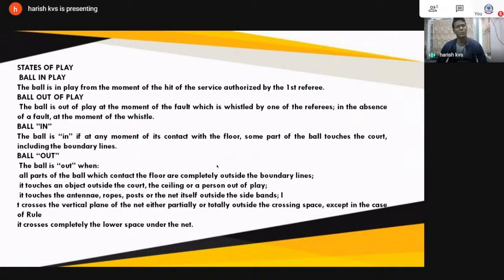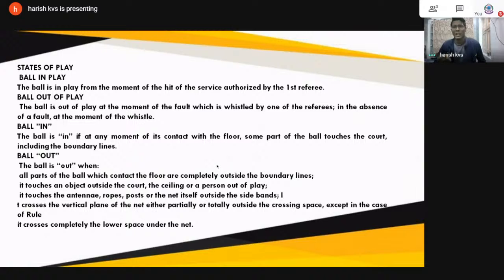So ball out of play: the ball is out of play at the moment of the fault, which is whistled by one of the referees, or, in the absence of a fault, at the moment of the whistle. Ball out of play is simple. You can see it in two ways. One is a fault committed by a player.